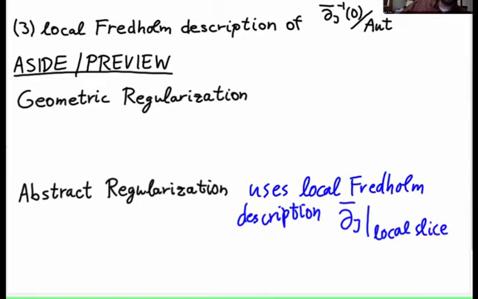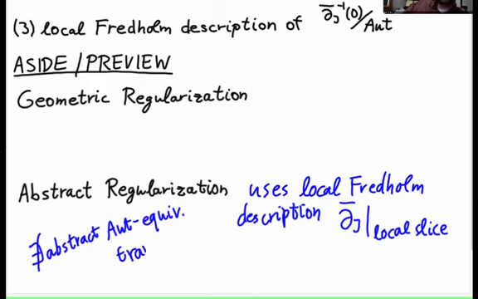Because really you have to quotient by the automorphism group, and abstractly there's no hope for equivariant transversality. So that forces abstract approaches to work with the D-bar operator on local slices.